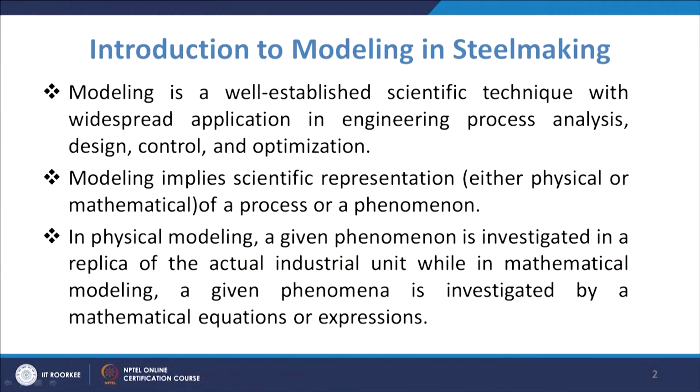So, it implies a scientific representation, either physical or mathematical, of a process or a phenomenon. In physical modeling, a given phenomenon is investigated in a replica of the actual industrial unit, while in mathematical modeling the given phenomenon is investigated by mathematical expressions.